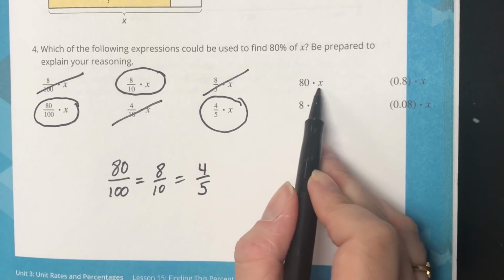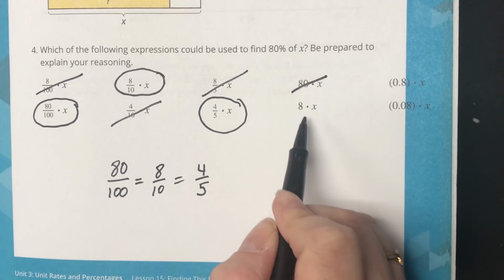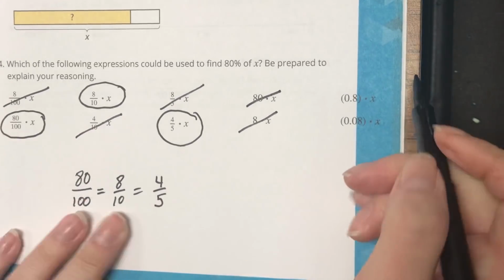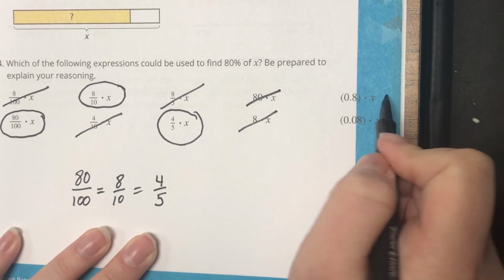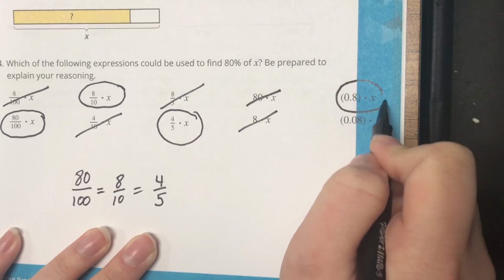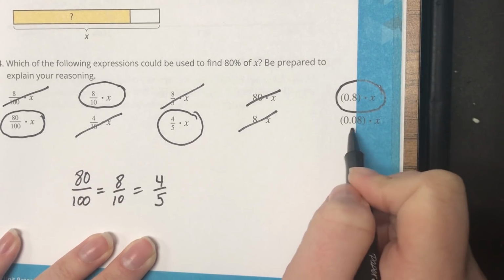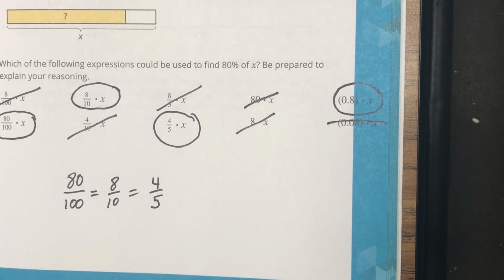If you just did 80 times x, that would be incorrect. 8 times x, that would not work. The last two, we have 0.8 times x. Remember, that's how you change it to a decimal. Okay, so 0.8 means 80%, and 0.08, that's still only 8% of 100, so that's not correct.